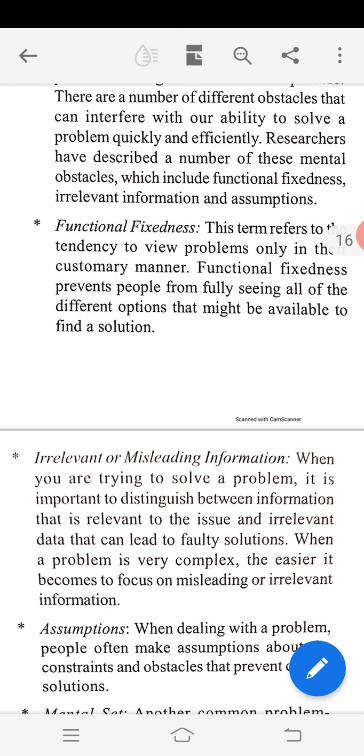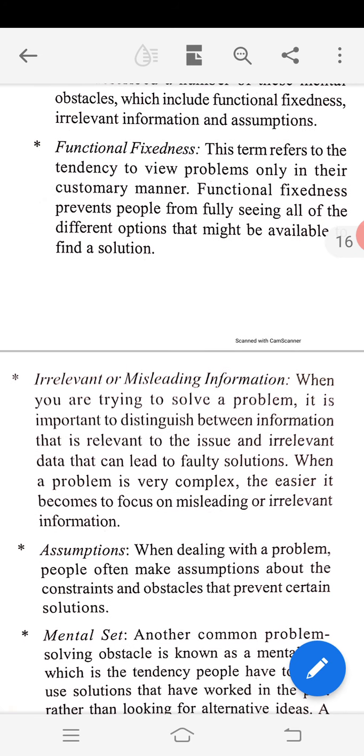So when persons go to solve the problem, they should first check whether the information is actually relevant, then solve the problem. If you do not know about the irrelevant information, it leads to faulty solutions, and by applying faulty solutions the problem cannot be solved.